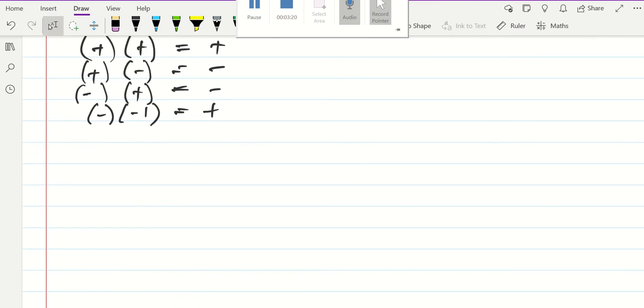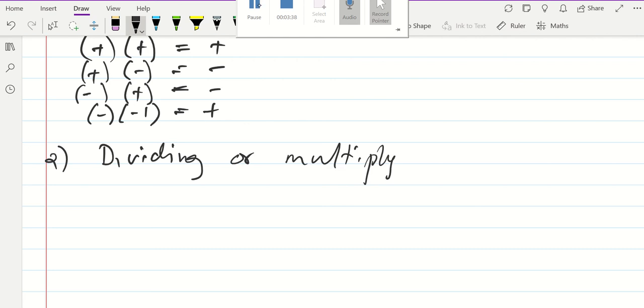Then also, we could have a second one when you are dividing or multiplying. Because division is just multiplying by an inverse, but that's not really important at the moment. So if you have, let's say, just a negative being divided by another negative, you get a positive.